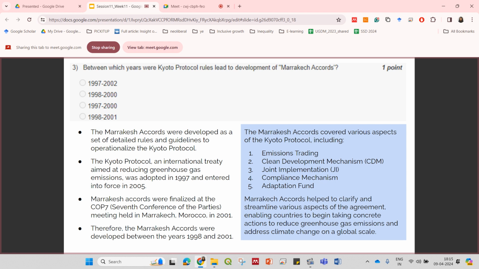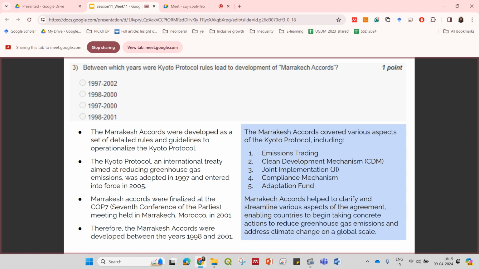So the Marrakesh Accord is one such guideline, and it was developed as a set of detailed rules and guidelines to operationalize the Kyoto Protocol. So it covers various aspects, like first, the emission trading.